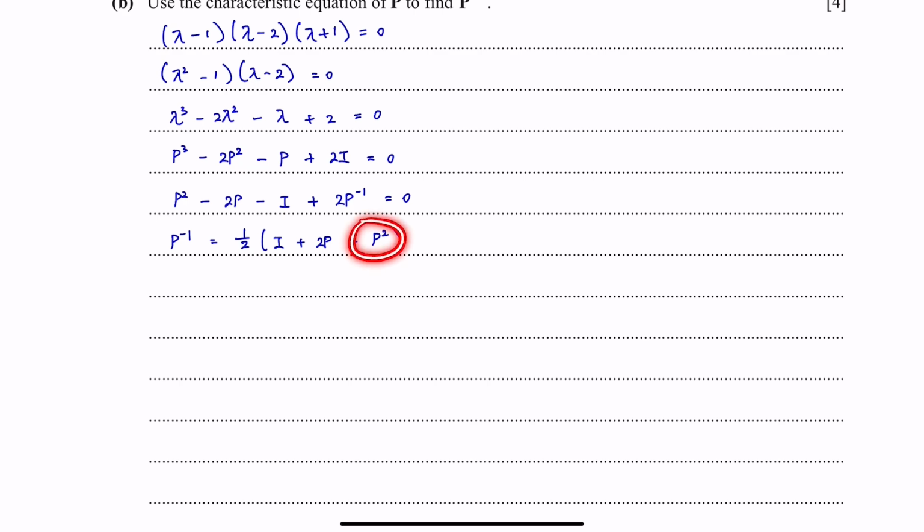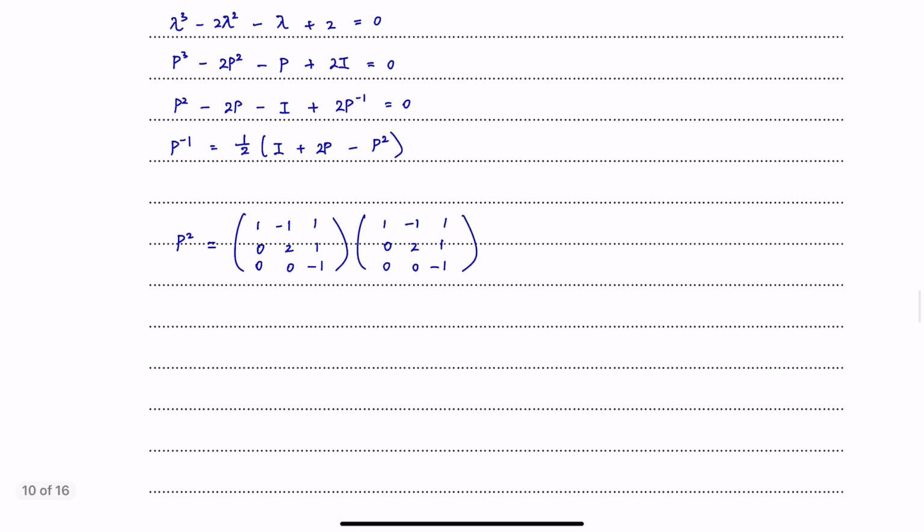And we will need to find P squared before finding inverse P. So P squared is 1, -1, 1, 0, 2, 1, 0, 0, -1 times itself. 0, 2, 1, 0, 0, -1.